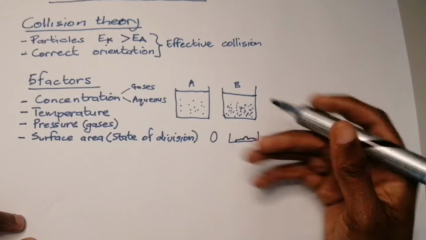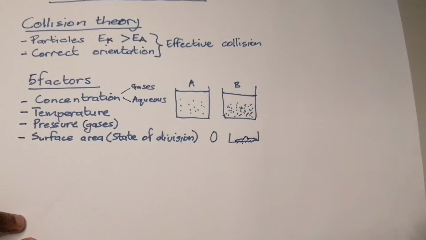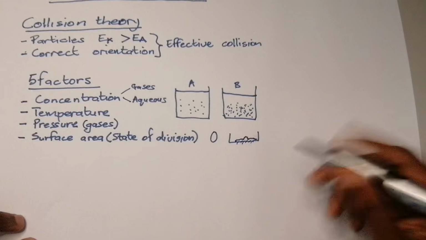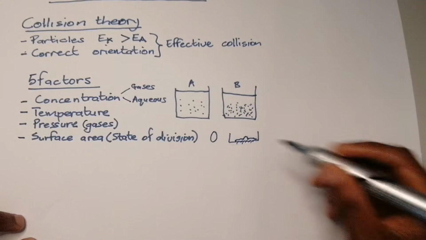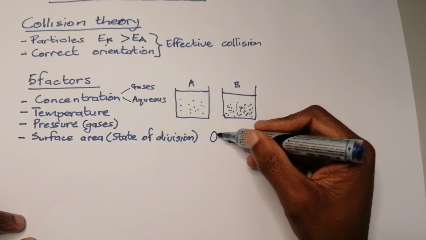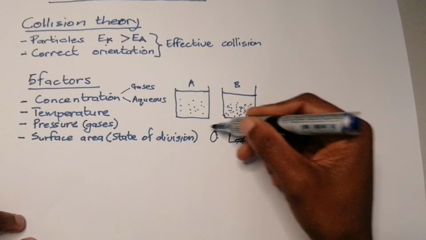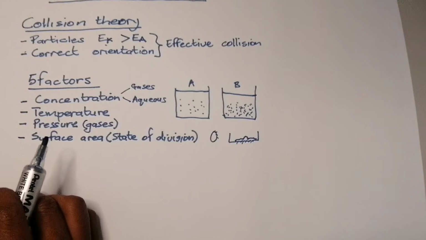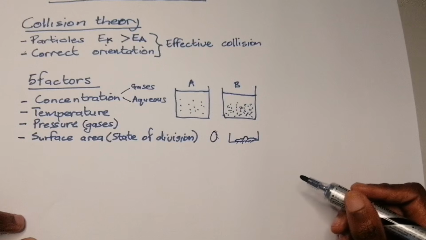Because this one is actually more spread out. So heat tends to reach more of the egg quicker than this one that is boiled, because heat can only be on the outer surface, and it can go in gradually. So in this case, we say that surface area does increase the rate of reaction.